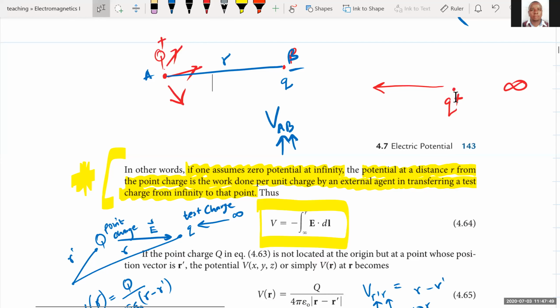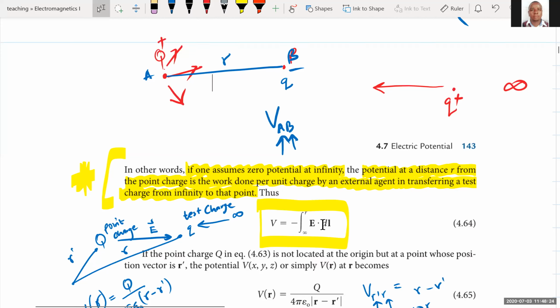I was moving this charge from here towards point B. I'm the one who did this work to bring the positive q to point B, and therefore I'm an external agent, transferring a test charge, the small q, from infinity to point B. Therefore V is expressed as the negative integral from infinity to point r of E dot dl.